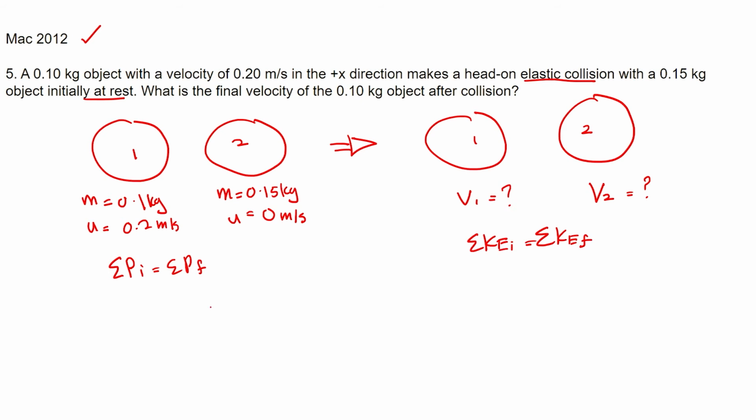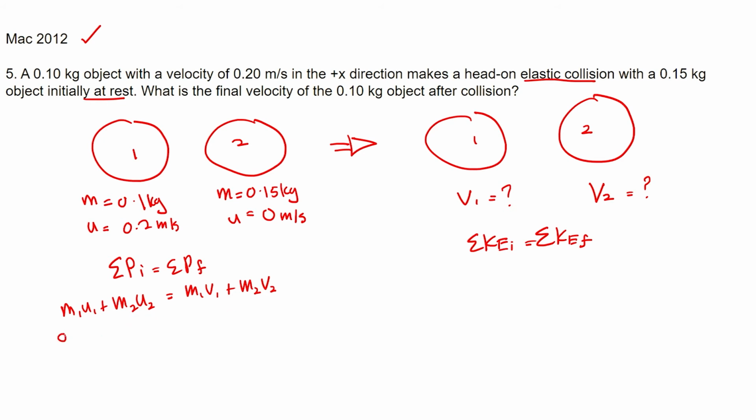So let's go for the momentum first: M1 U1 plus M2 U2 equals M1 V1 plus M2 V2, and then we substitute the information.